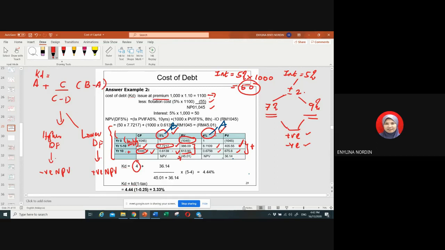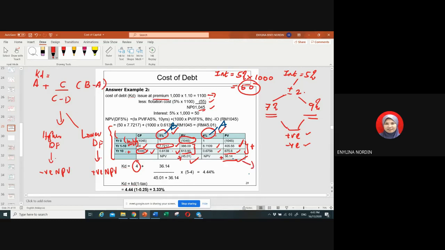So that's why the value will be equal to 1045. Then you add and subtract these two values, and you get the net present value here of a positive value. So now you get the positive NPV, and then another one is a negative NPV.